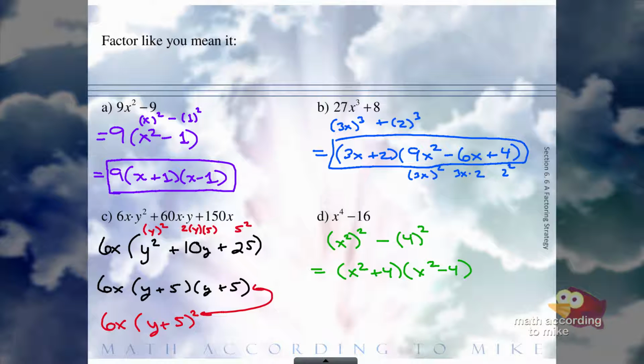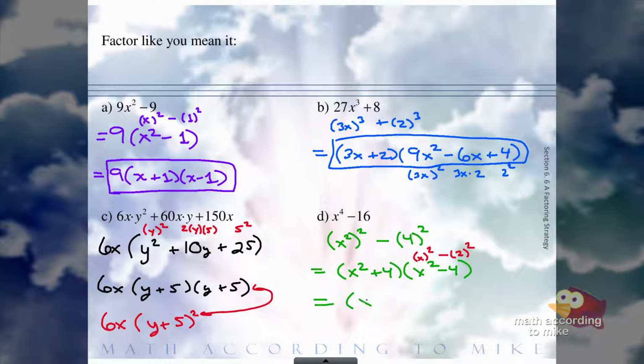X squared plus 4 is a sum of squares and does not break down any further using real numbers. However, x squared minus 4 is another difference of squares because x is being squared to make x squared and 2 is being squared to make 4. So because of that, we can break this down even further.